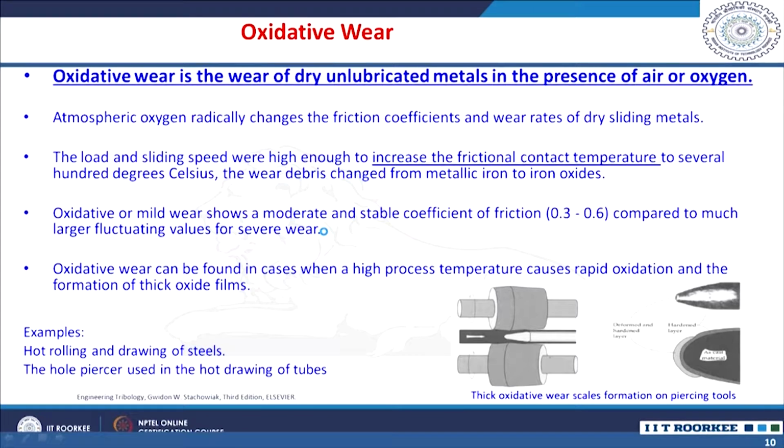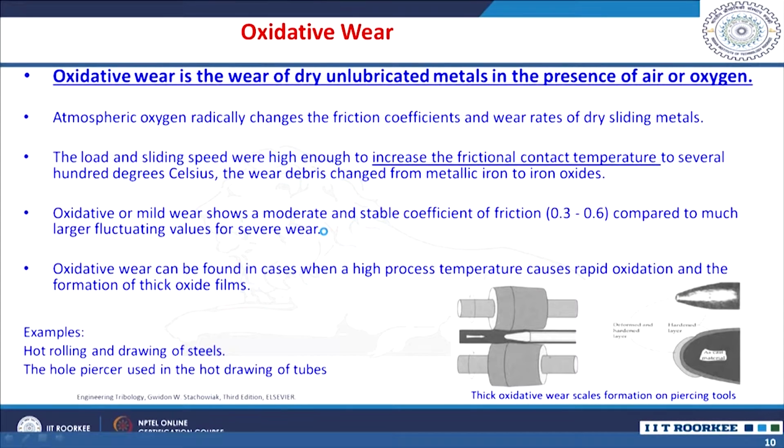Regarding oxidative wear, it is the wear of dry unlubricated materials in the presence of air or oxygen. So, atmospheric oxygen radically changes the friction and wear rates of dry sliding materials.